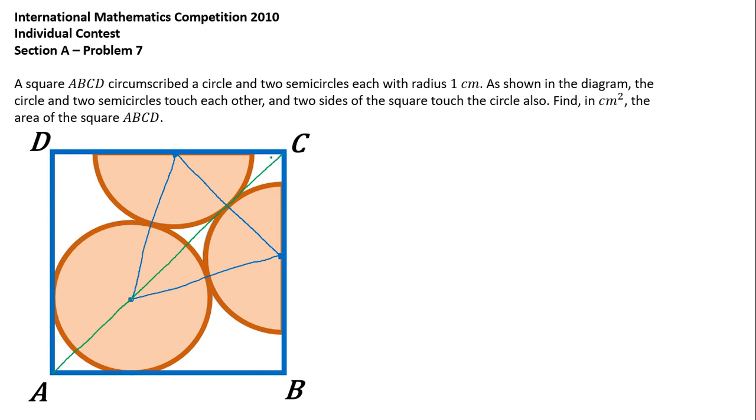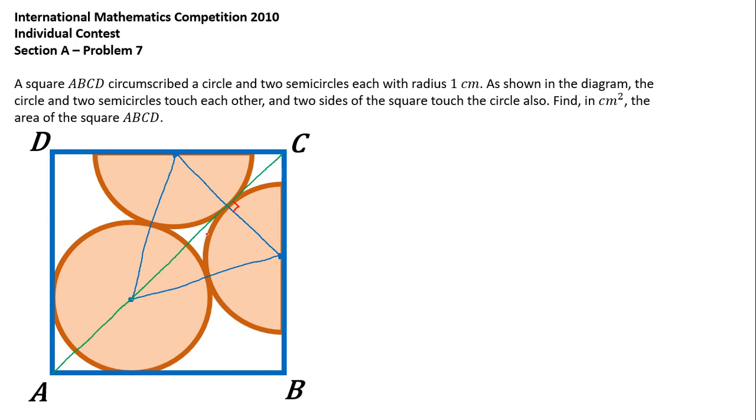We can actually extract some other values from here. For example, because the square is symmetric about the diagonal AC, this one here is actually 90 degrees. Okay, so the green segment is perpendicular to the blue segment.